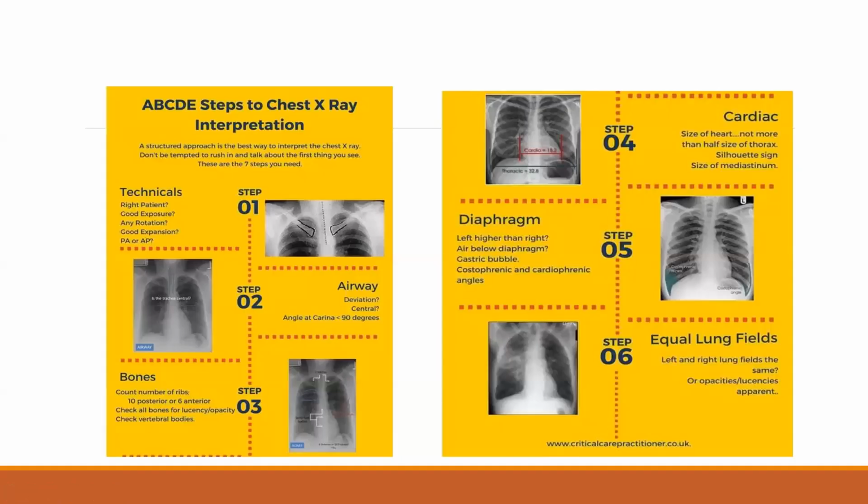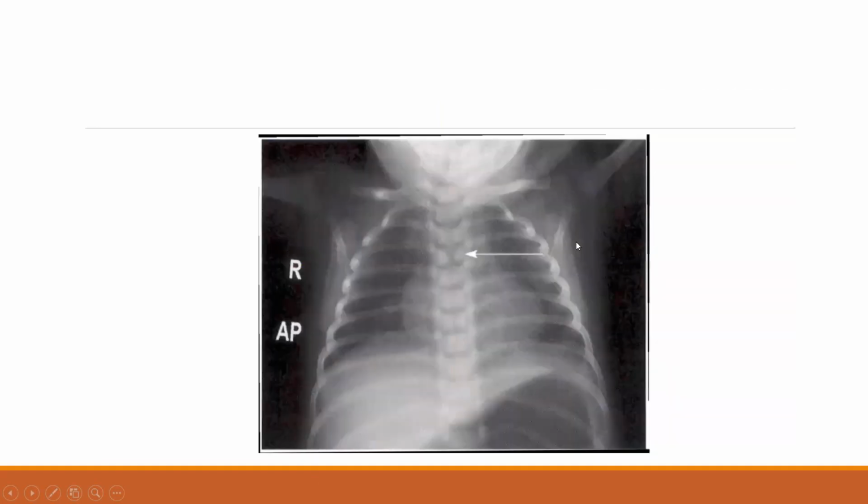First technique: is the clavicle equidistant, is the penetration adequate? Then you see the trachea, that means the airway. Then bones, any abnormalities, then cardiac shadow, diaphragm, and lung field.